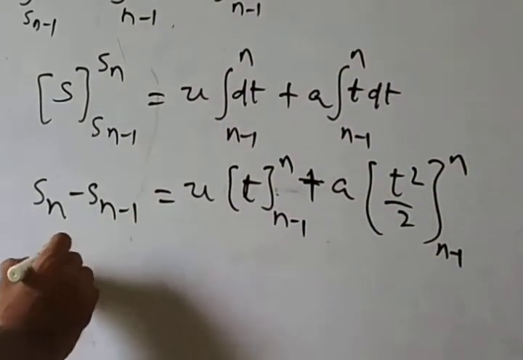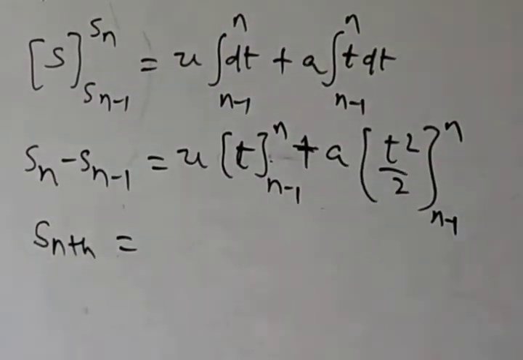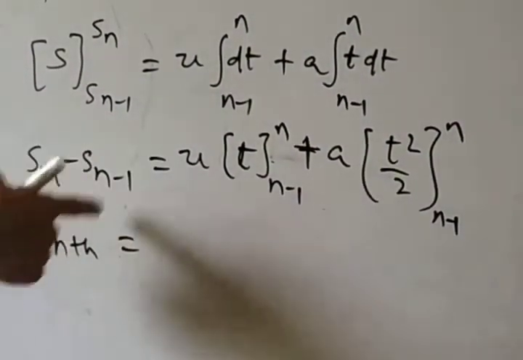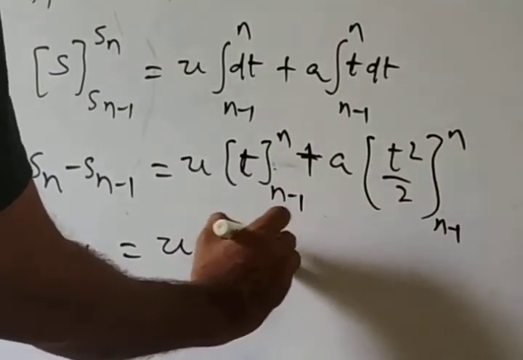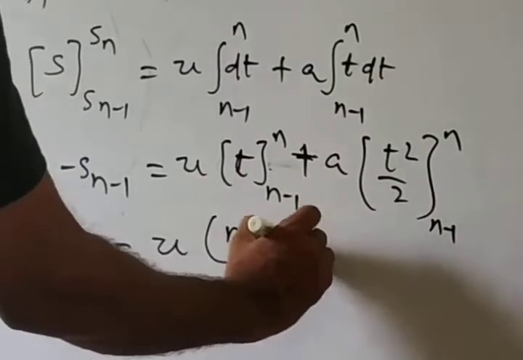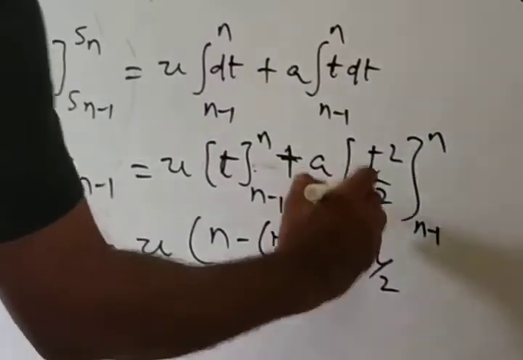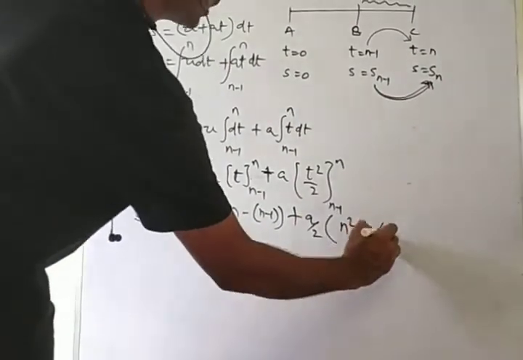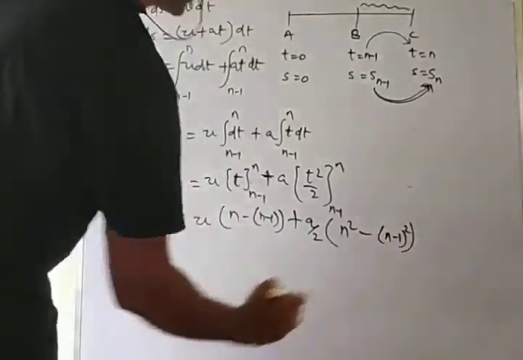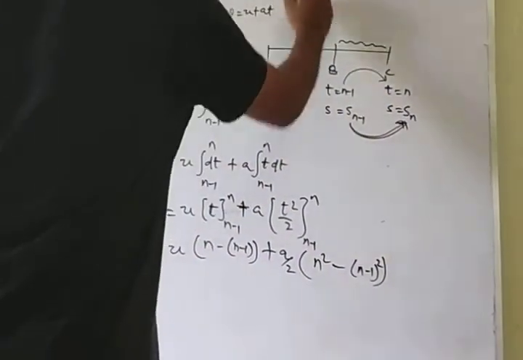This will be S_nth, because I have already told you S_n minus S_{n-1} is S_nth. So this will be u. Now for t I can put n minus 1 plus a by 2; for t square I can put n square minus (n minus 1) whole square. I am shifting this to here.